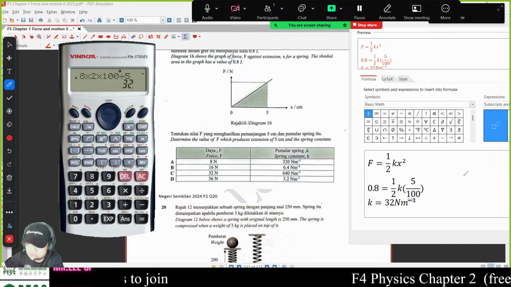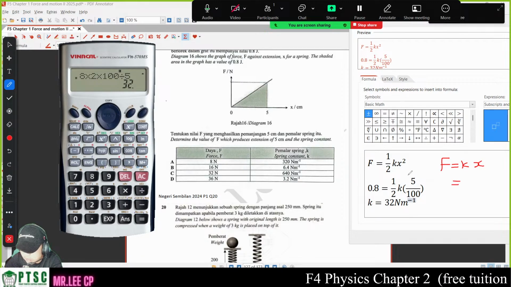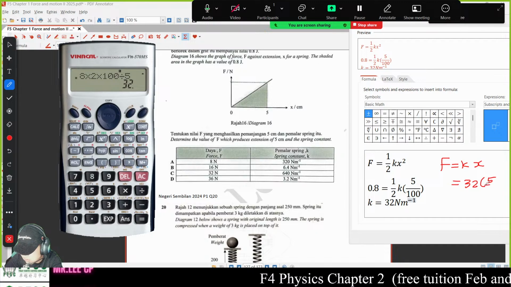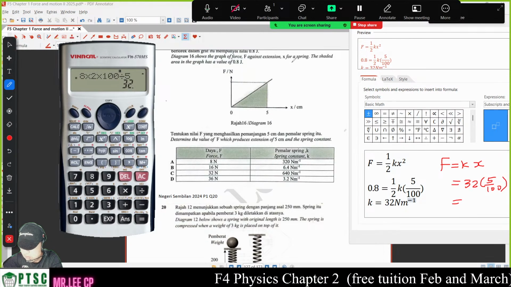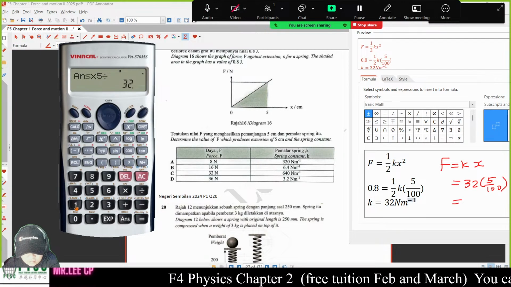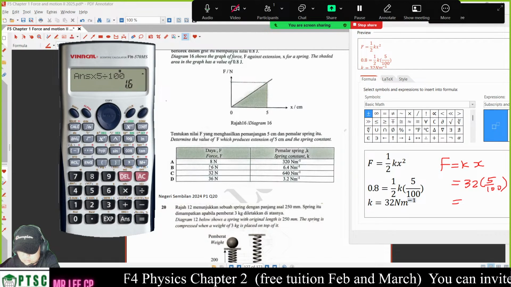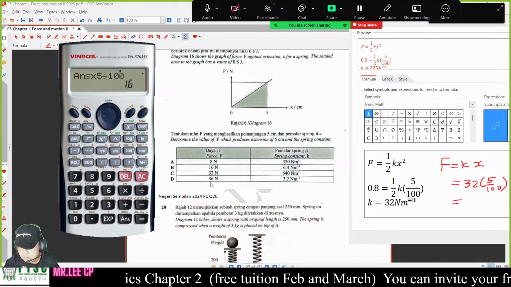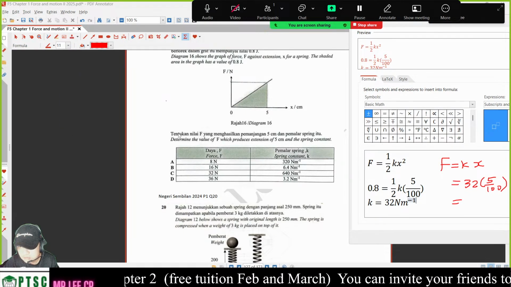Force I don't know yet. F is kx. I calculate that. F I don't know. K it is 32. Extension it is 5 over 100. 32 times 5 divided by 100. 1.6. Don't have the answer. No answer this one.